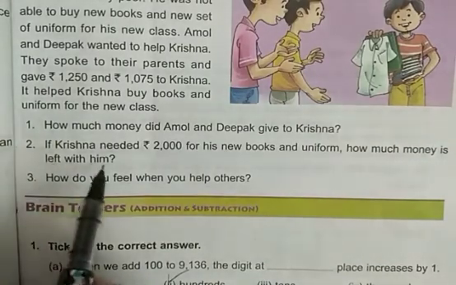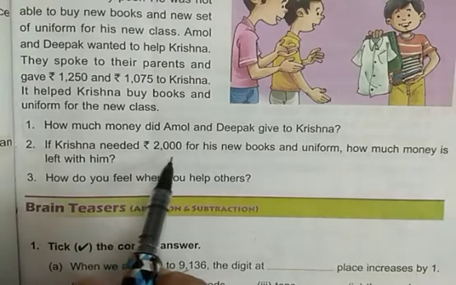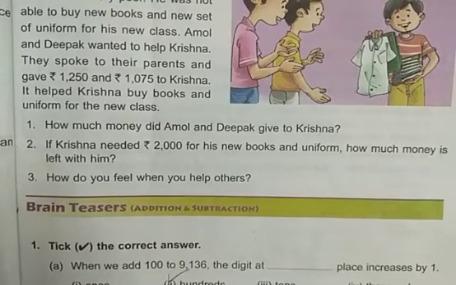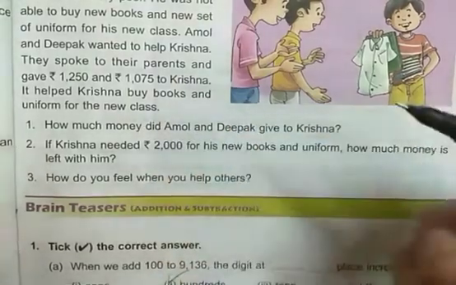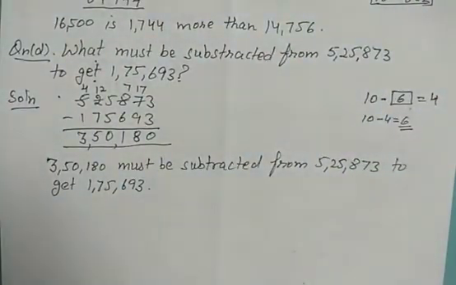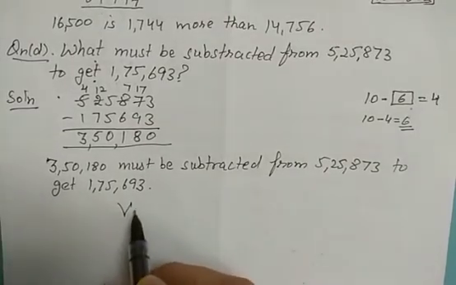Next is, if Krishna needed 2000 rupees for his new books and uniform, how much money is left with him? First of all, we will find how much money Amol and Deepak have given to Krishna.